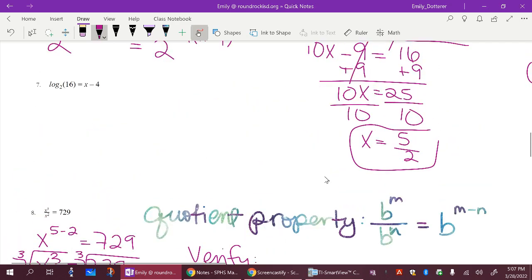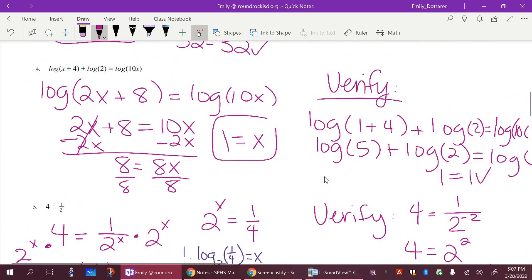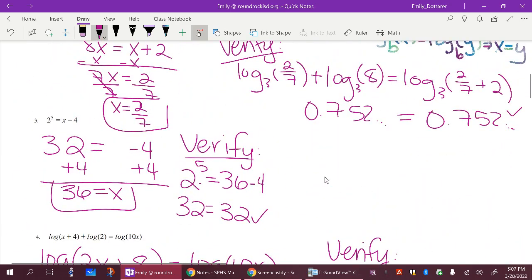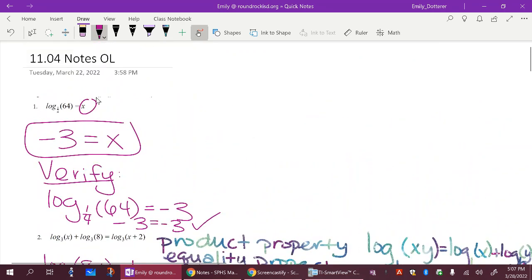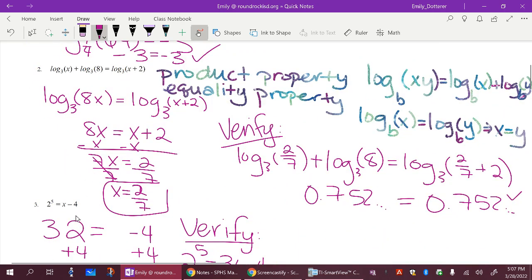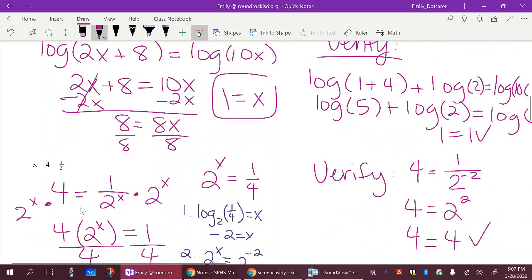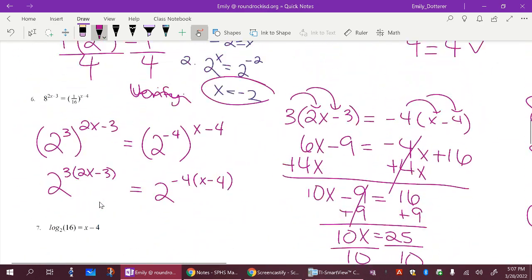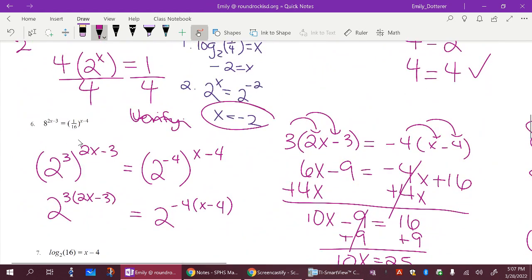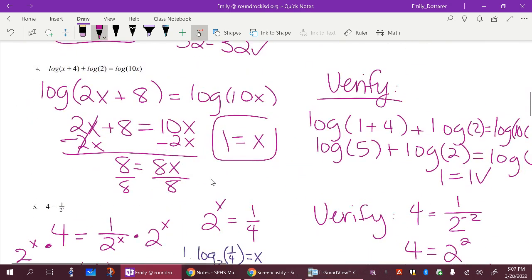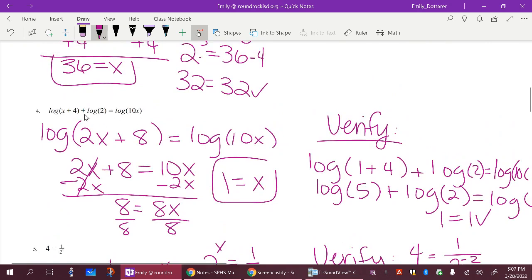Okay. So that's all 3 types that we're going to see. So just simplifying it, converting one of these exponential ones so that they have the same base, and then setting the two exponents equal to each other, or using logarithmic or exponential properties to simplify and solve.